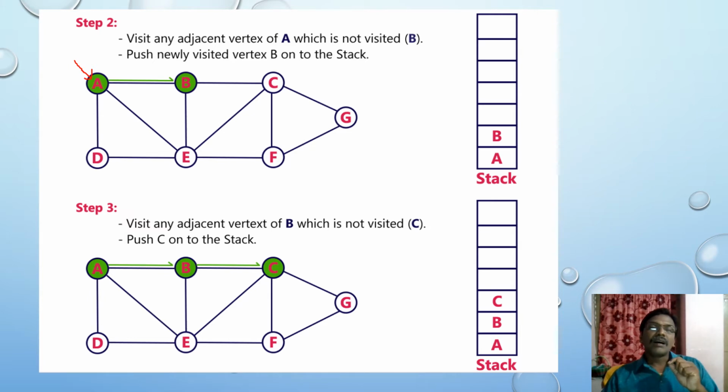Then again, check B's non-visited vertices. Among them, E and C are the non-visited vertices. In this, I'm choosing C. So C is marked and C is pushed into the stack.